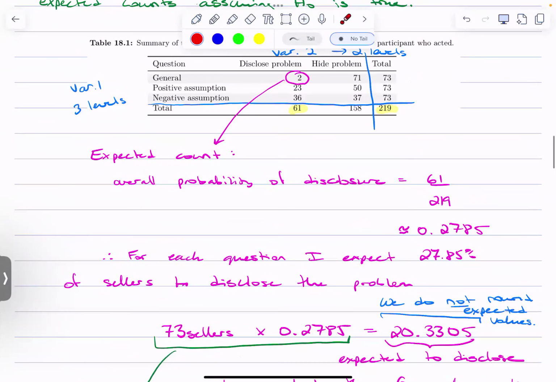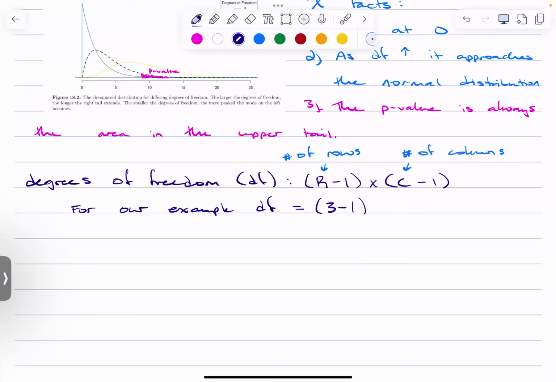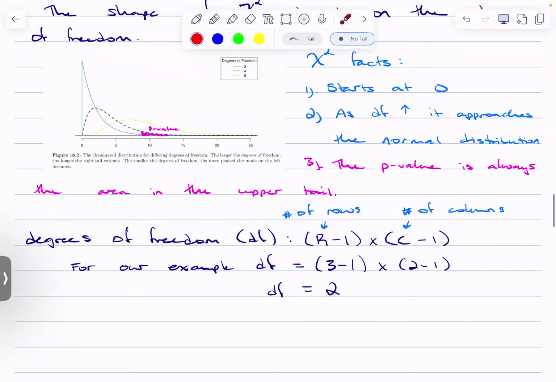So for our example, the degrees of freedom is 3 rows minus 1 times 2 columns minus 1. 2 times 1, I have 2 degrees of freedom. So the shape of our distribution looks like this.